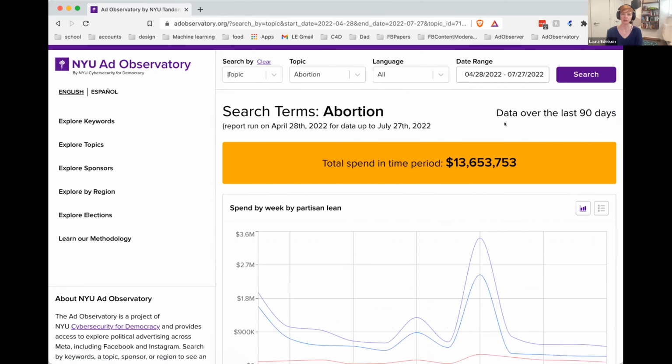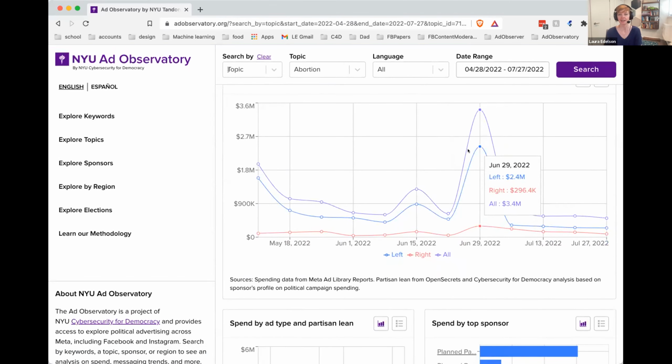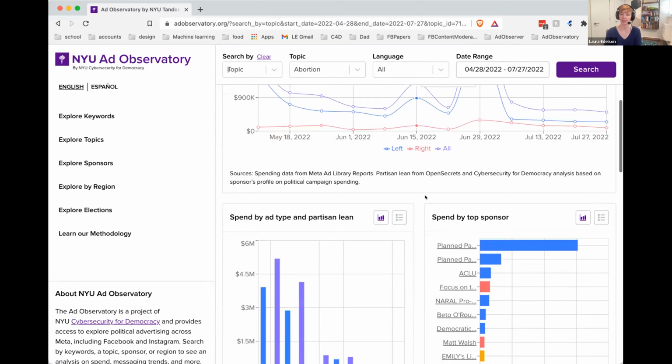So I can come over here, I can look at the abortion topic, and I can see a tremendous amount of money, $13 million, has been spent on this topic in just the last 90 days. So we can see some big spikes here. And you're probably familiar with the events that drove these spikes.